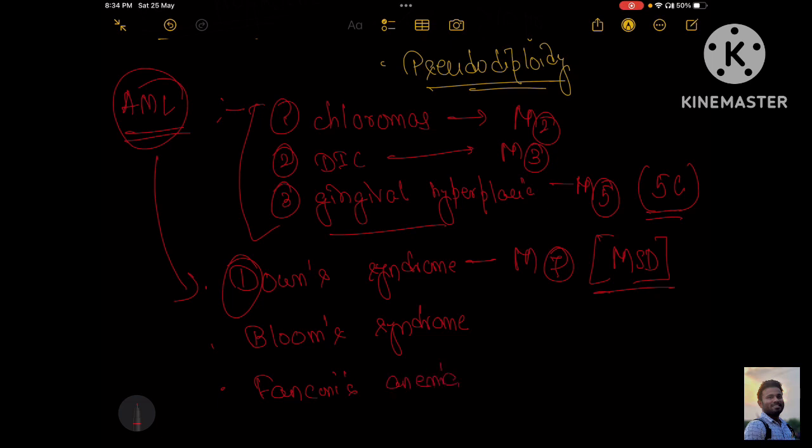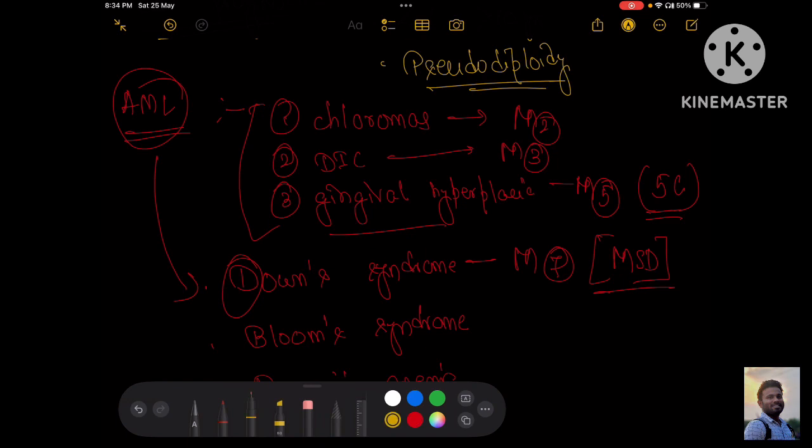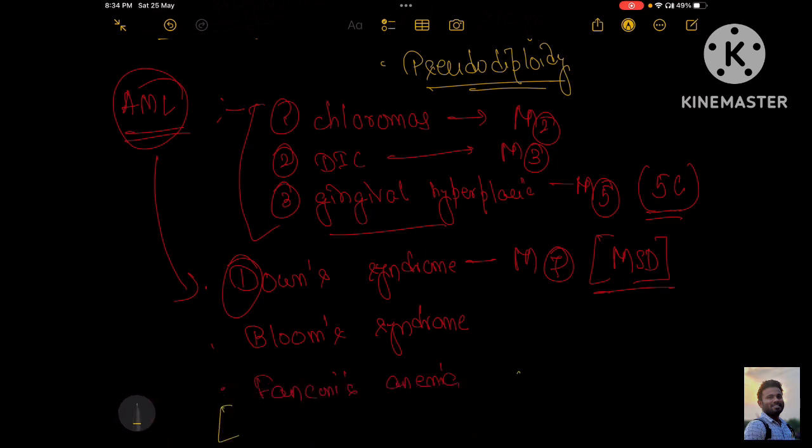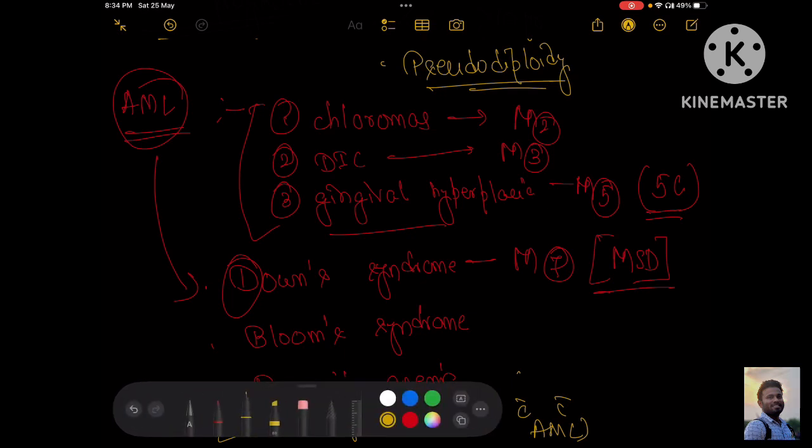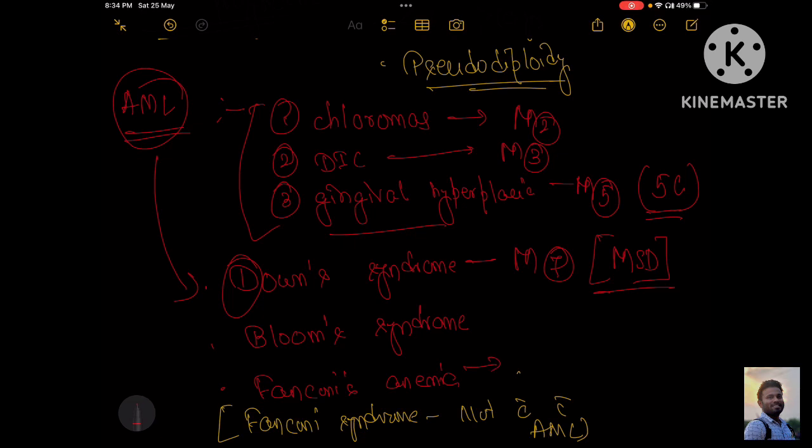We should remember that AML is not associated with Fanconi syndrome. So what is Fanconi's anemia? Fanconi's anemia is abnormal chromosomal fragility.